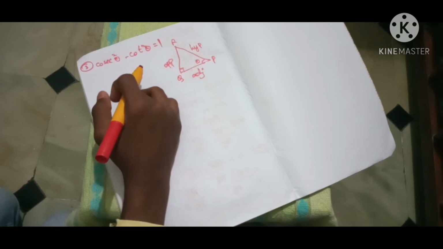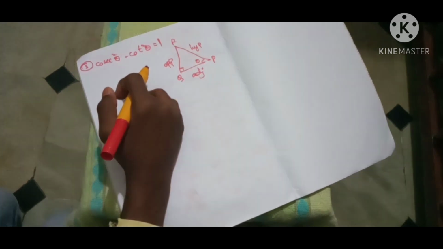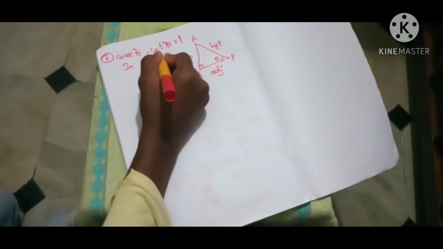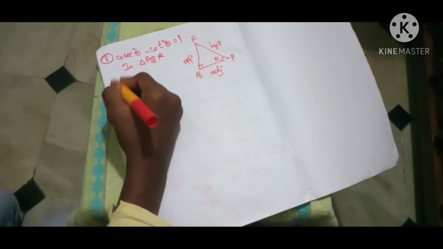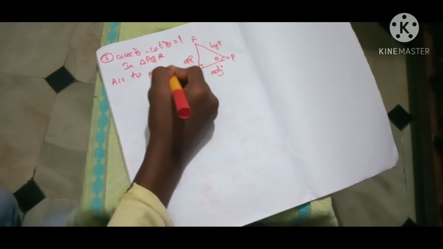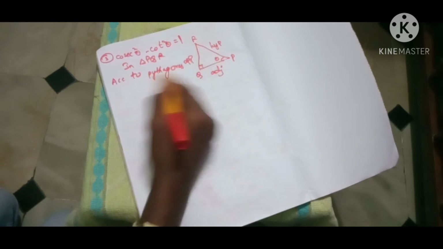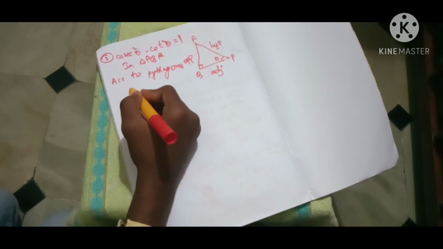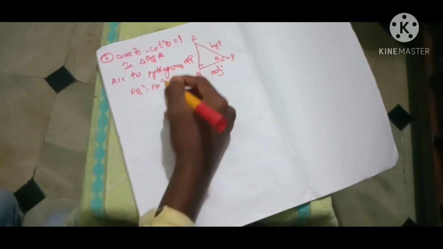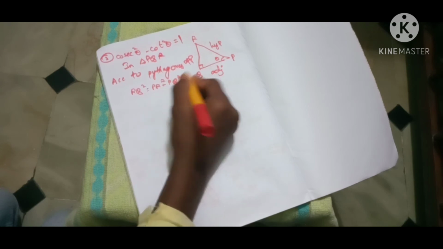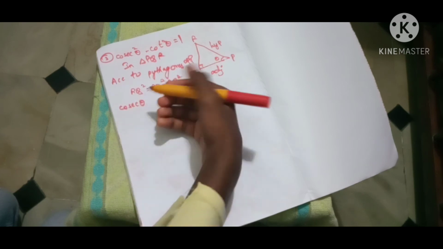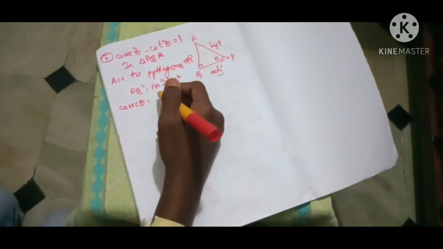I am proving this also like the second trigonometric identity. In triangle PQR, according to the Pythagoras theorem, RQ square is equal to PR square minus PQ square. Cosec theta formula, I think you know?